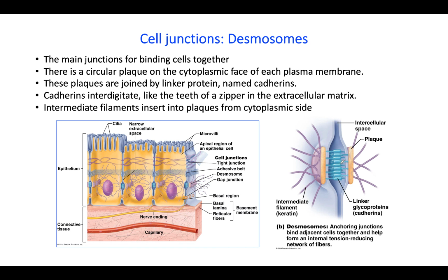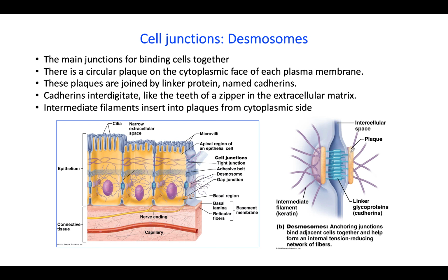This cadherin interdigitates like the teeth of a zipper in the extracellular matrix. So one epithelial cell has a plaque, and this plaque is attached to cadherin through the plasma membrane. And the other cell also has the same situation.